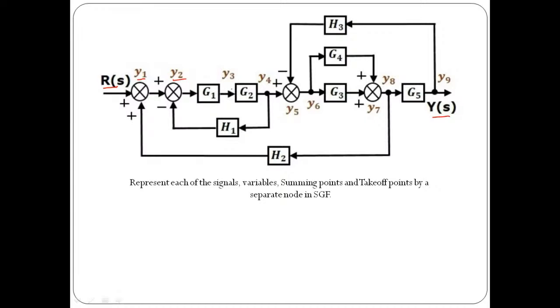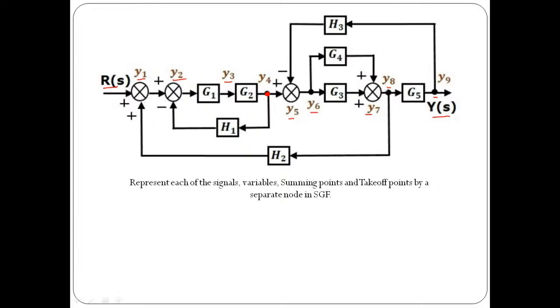Then in between the two blocks of gain G1 and G2, we are having one more variable indicated by the symbol y3. In the same way, this takeoff point is indicated by y4. In the same way, this summing point is indicated by y5, then this will be y6, this will be y7, this will be y8, and here we are having y9, which is exactly going to be equal to Y of S.